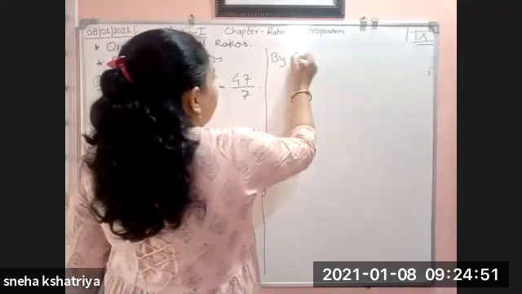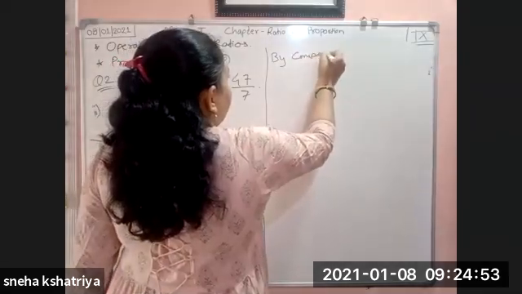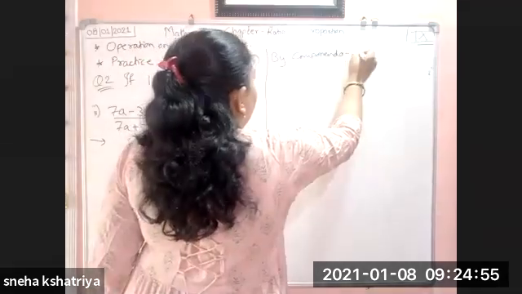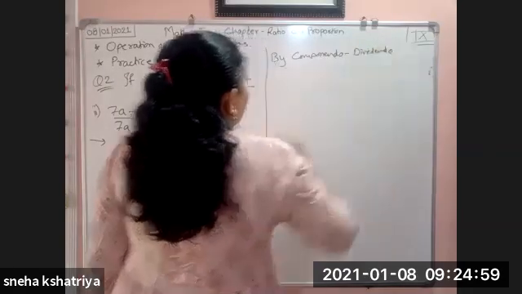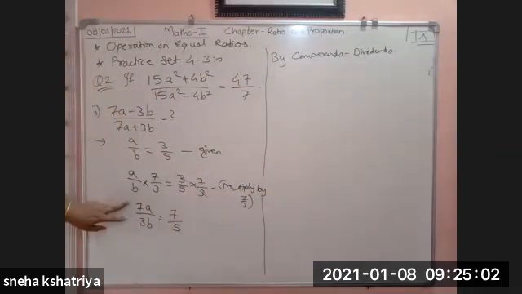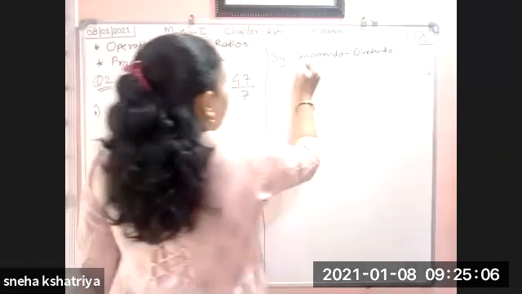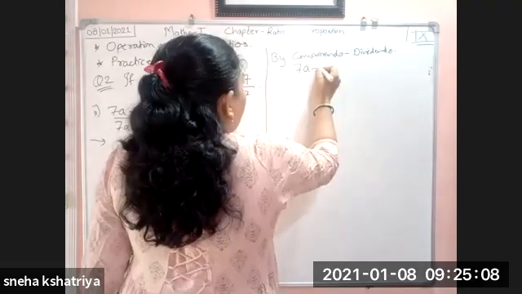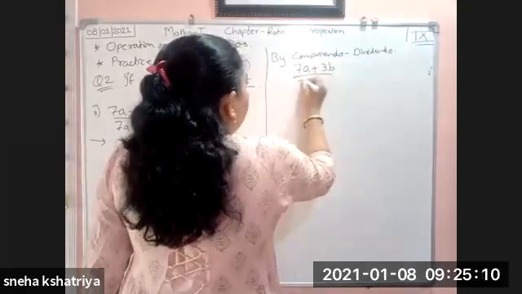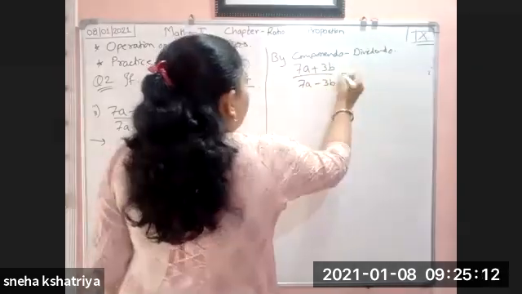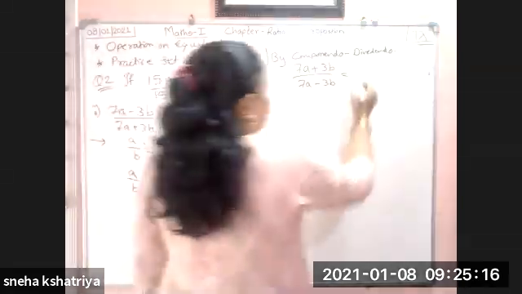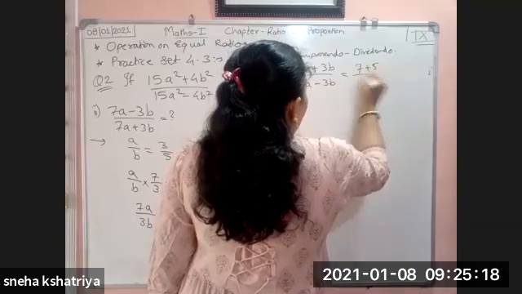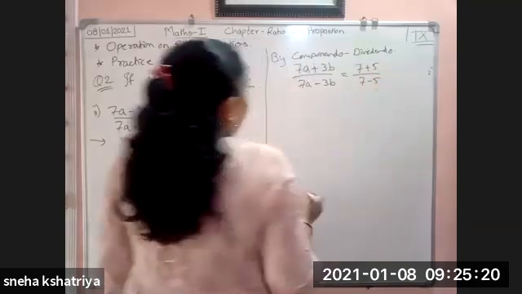So by componendo and dividendo, 7A plus 3B upon 7A minus 3B is equal to, on the right side the same thing, 7 plus 5 upon 7 minus 5.